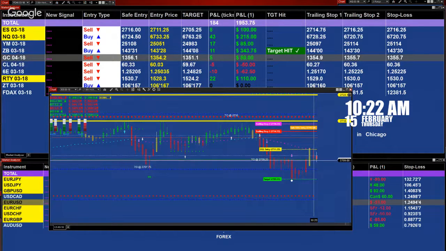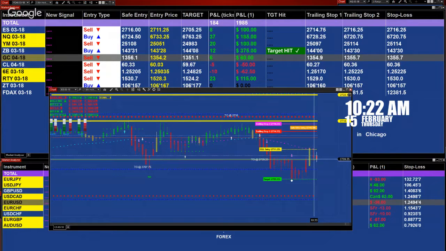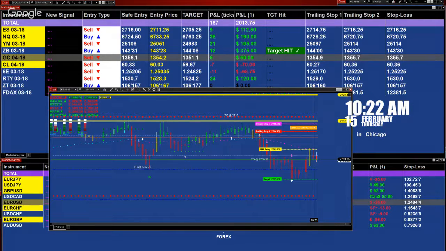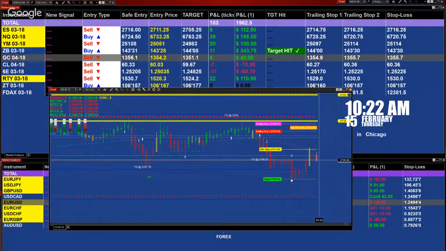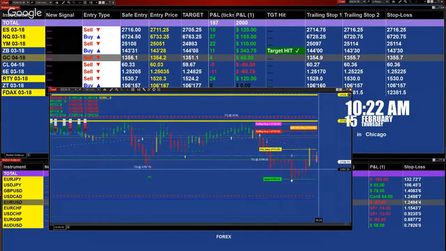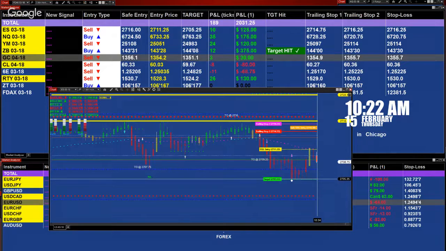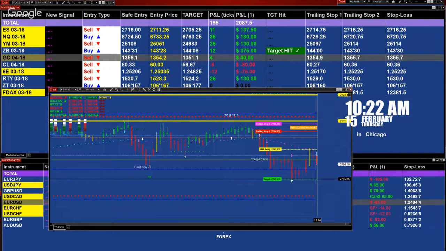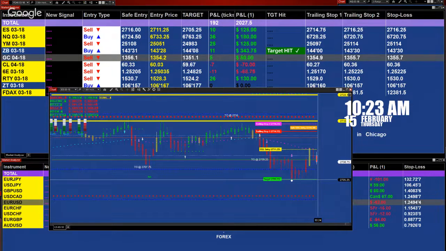And we can see how the ES is struggling at 2709. If that bar closes below that number, that means we are going again to the target to test that number, 2705.